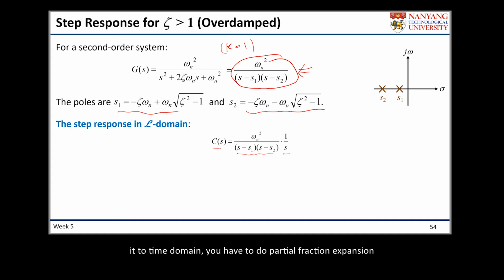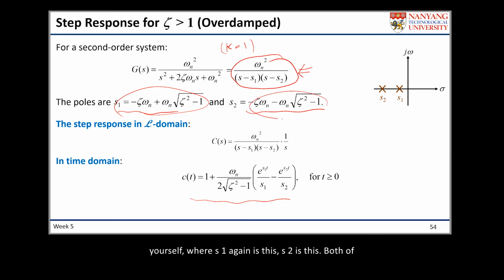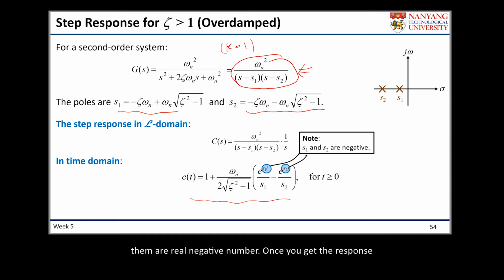So when you want to convert it to time domain, you have to do a partial fraction expansion, and then you refer to the Laplace table, and you will get the response c(t) in time domain like this. You can try it by yourself. Where S1 is this, S2 is this, right? Both of them are real negative numbers.